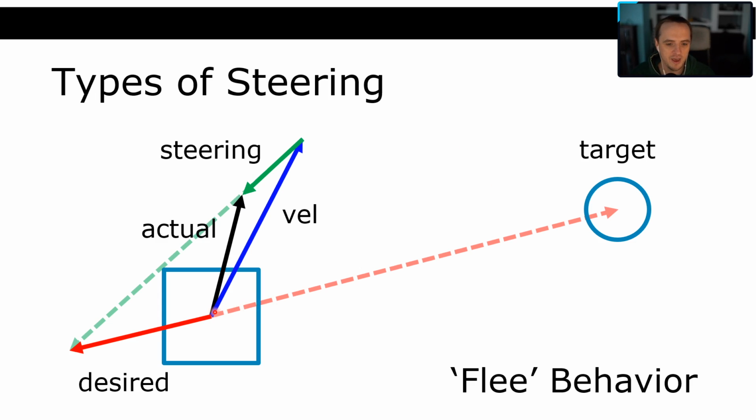The way we would do that is just by setting the desired vector, we multiply its x and y components by -1, and then we have the vector which points in the opposite direction from the target. And so we can implement fleeing behavior for free just by modifying the desired vector.